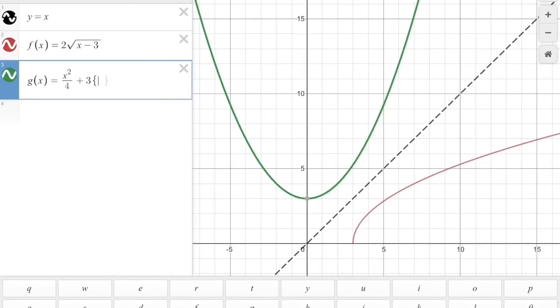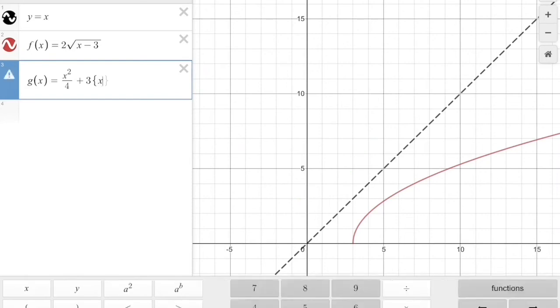And I'm going to go in and say that I can't have any x values that are less than 0, because when I do, so I need x greater than or equal to 0. So now I have that perfect mirror image reflection, not a double image, and only half of it is a perfect mirror image reflection.